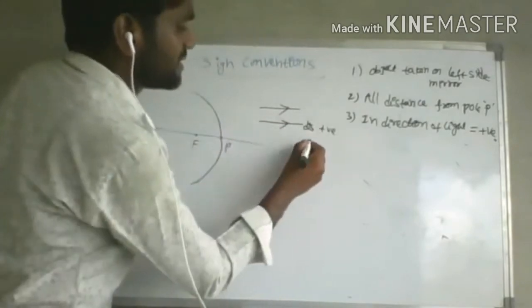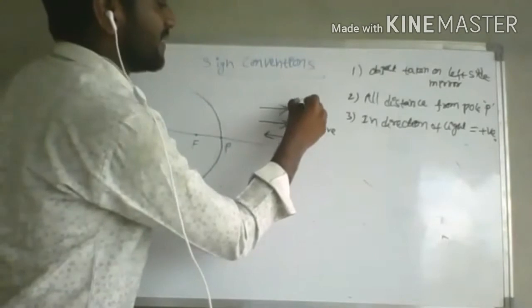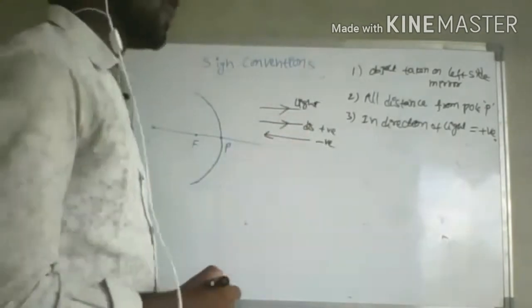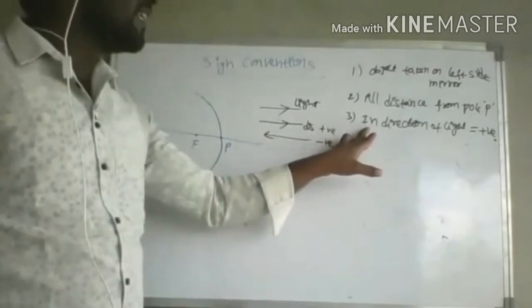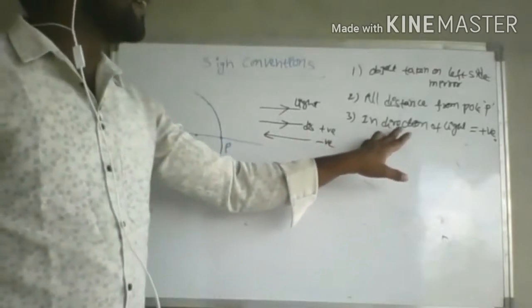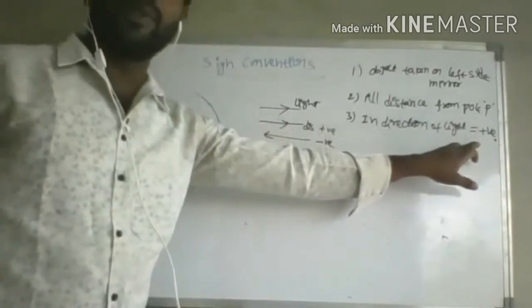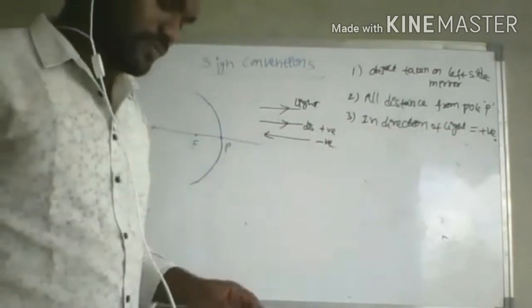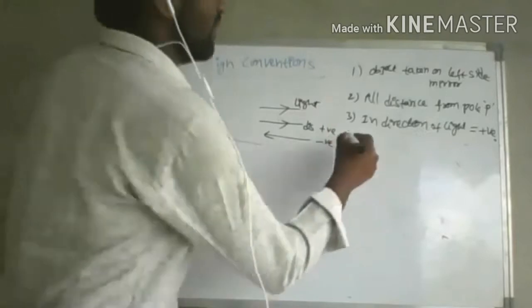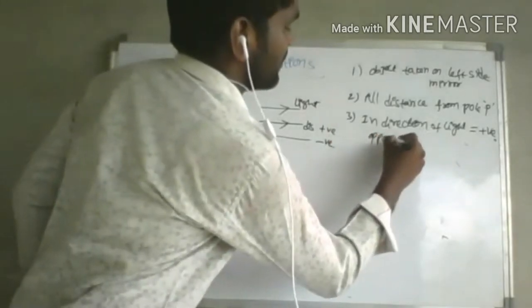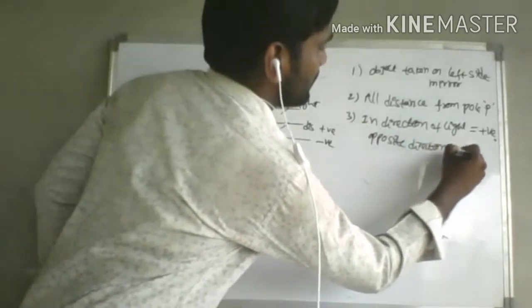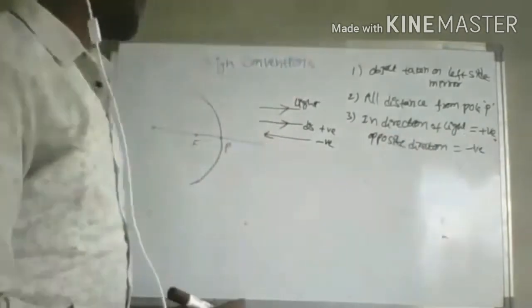If you take distances opposite to this light ray, those distances are taken as negative. Clear? The distances opposite to the direction of light are negative. That is the third point.